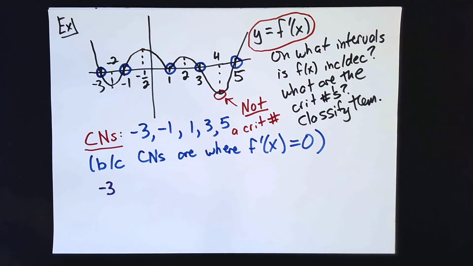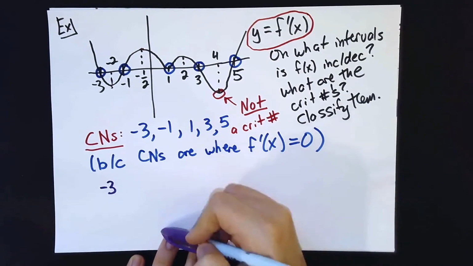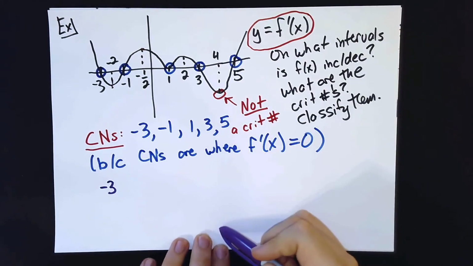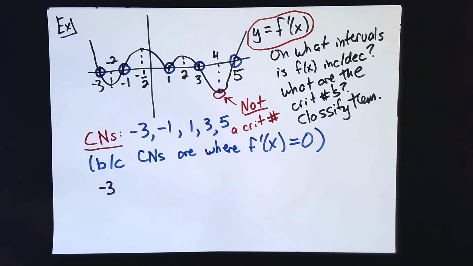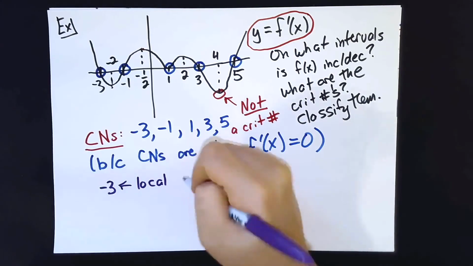And if you think about what that means, that means the function switches from increasing to decreasing. And remember, increasing to decreasing looks like this, upside down U. Which means this minus 3 corresponds to a local max.